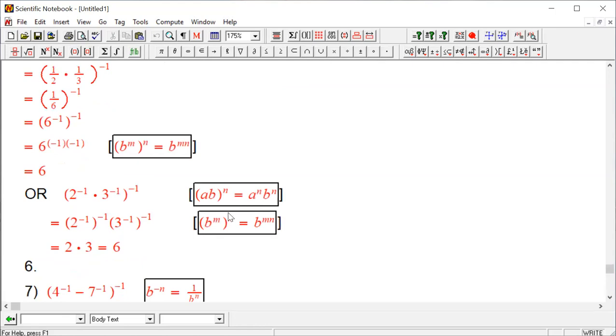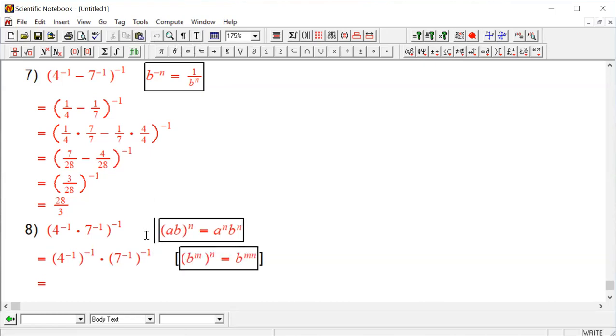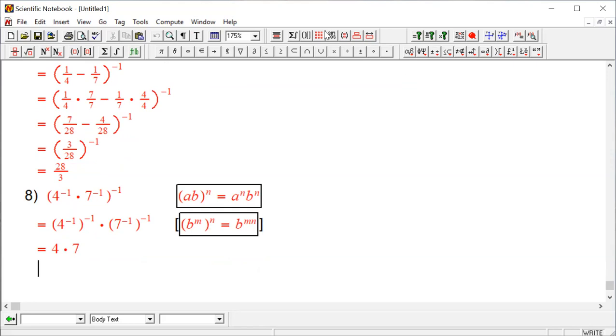So we can apply that property. So that's going to be 4 times 7. That equals 28. And of course, this is not the only way to do it.